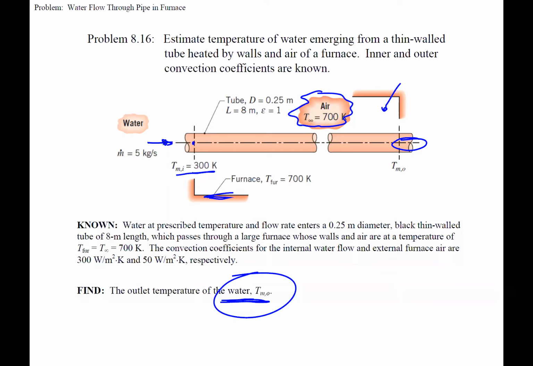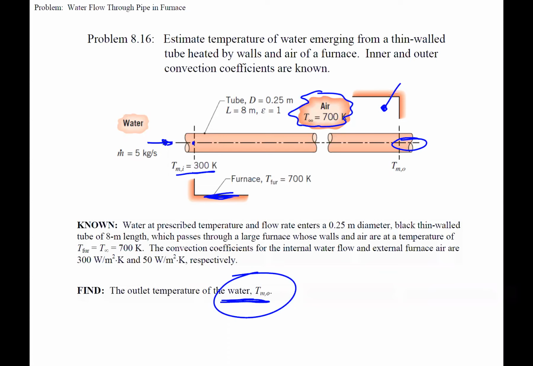It's not controlling the hot water pipe that's going through your house. That pipe is still hot, right? Still not at that air temperature, so it's got a different temperature. So it's the air of the furnace that it's controlling, and we also say the furnace walls of 700 in this problem was given. All right, so we know then it's external.